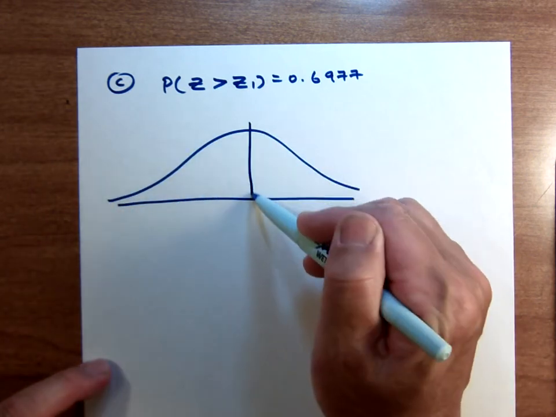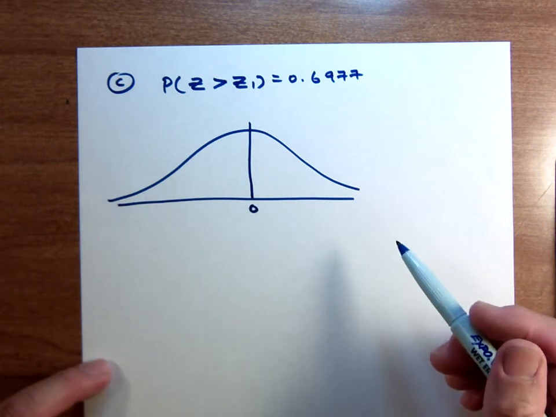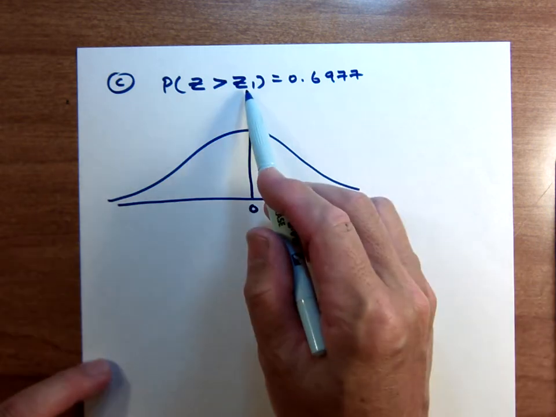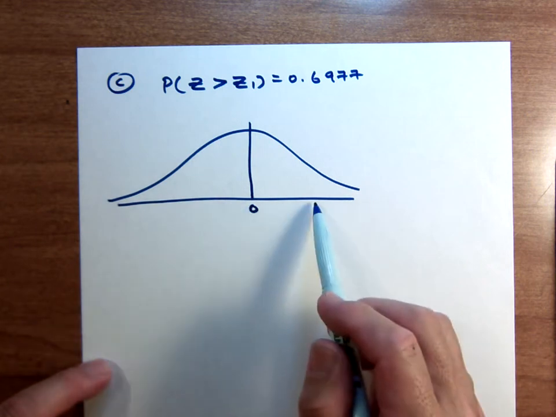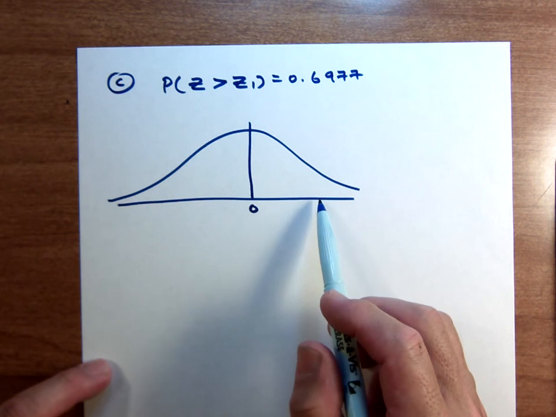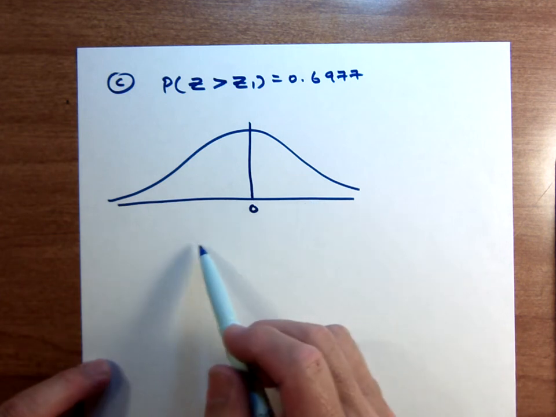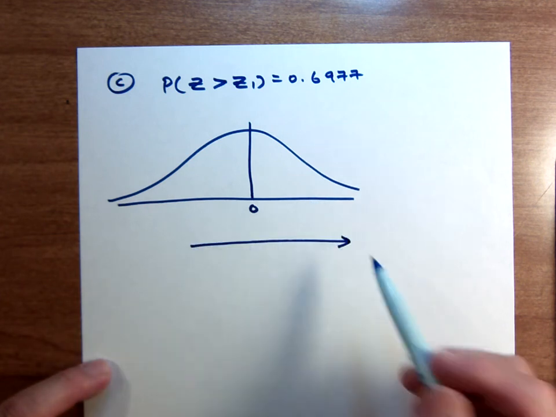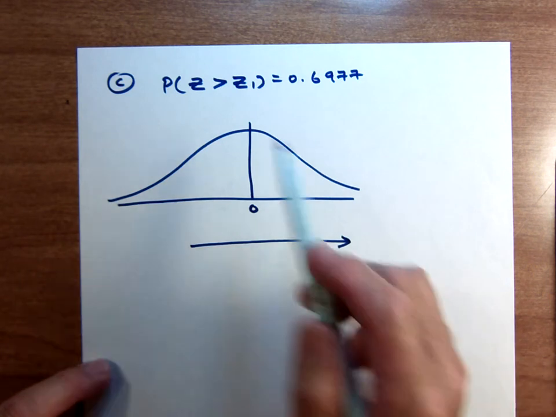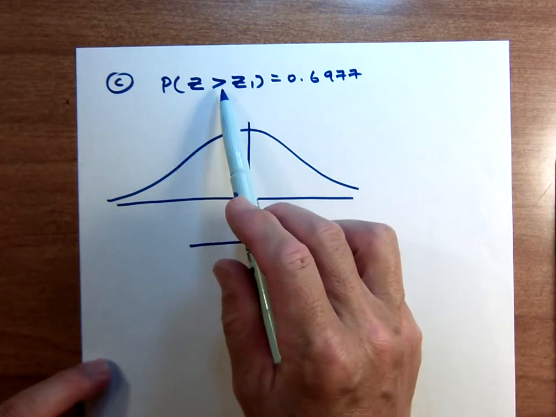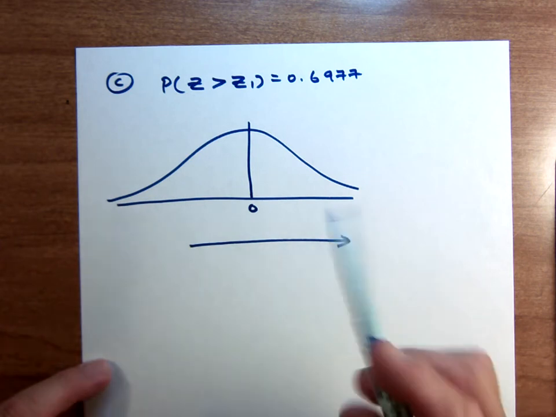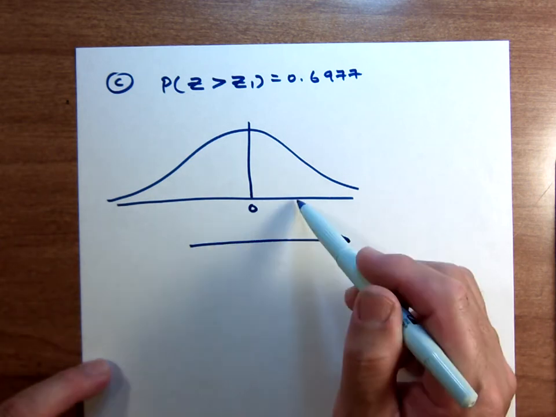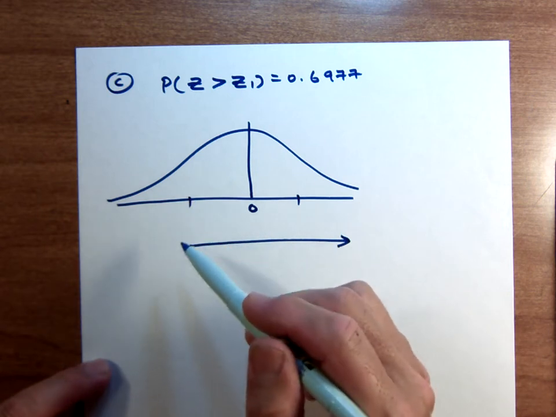Here's our 0, z, and our z1 is going to be somewhere either negative or positive. We don't know that yet. What we know is that the area that we are interested in is going in that direction because of the inequality symbol. z greater than z1 means we're going to the right. Again, z1 could be on the positive side or on the negative side.